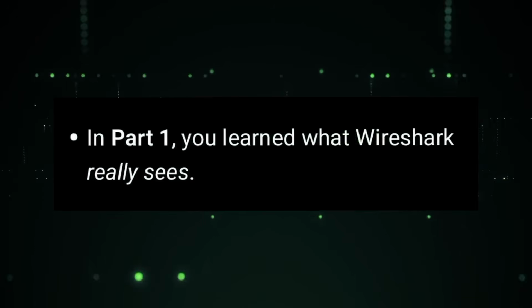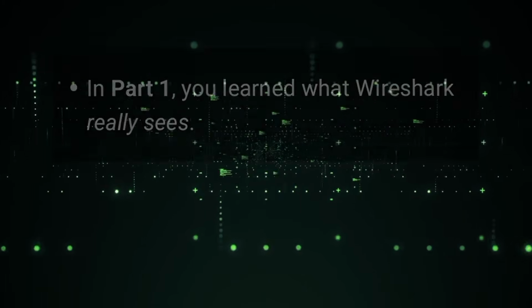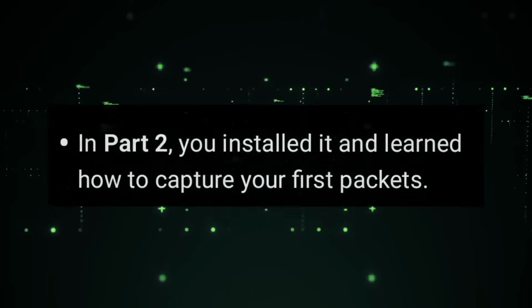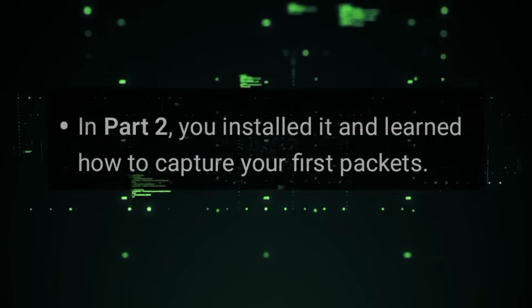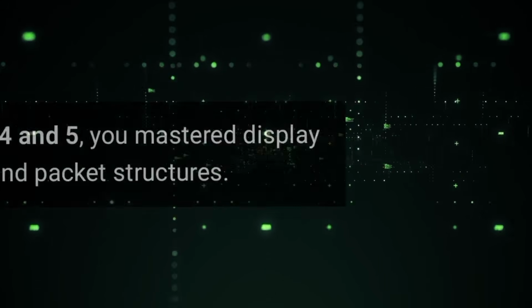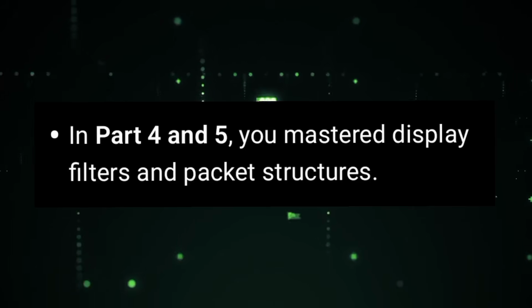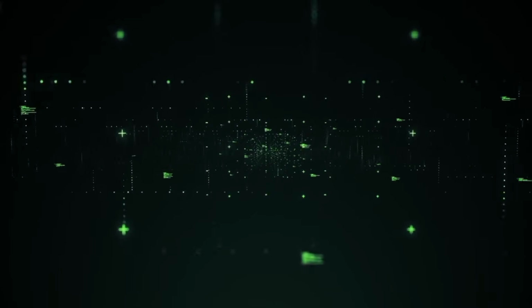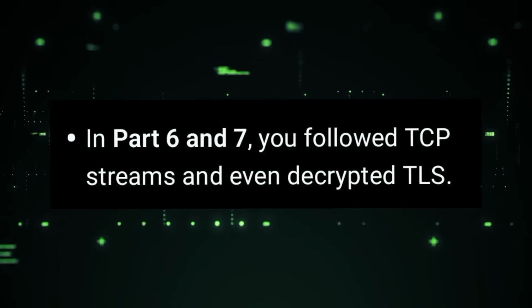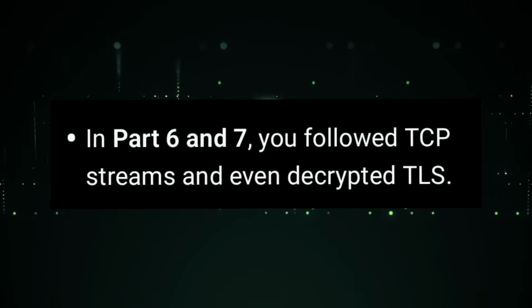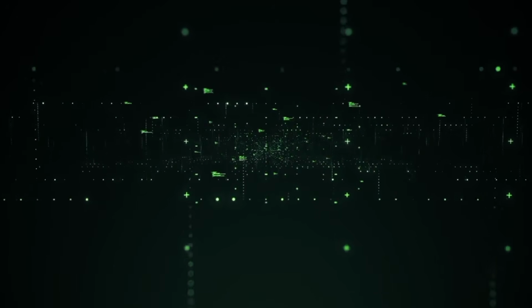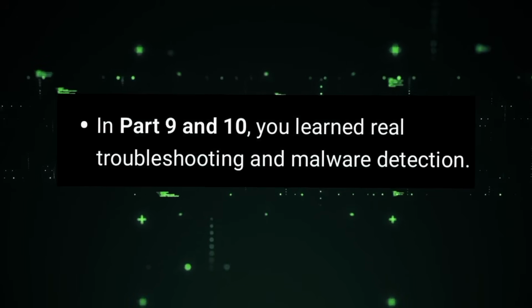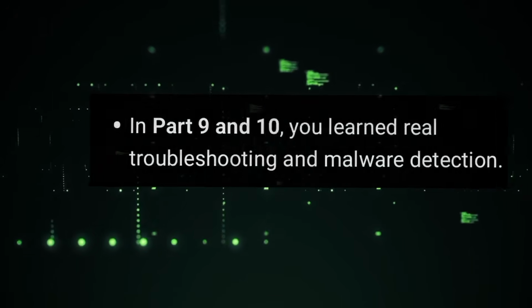In Part 1, you learned what Wireshark really sees. In Part 2, you installed it and learned how to capture your first packets. In Parts 4 and 5, you mastered display filters and packet structures. In Parts 6 and 7, you followed TCP streams and even decrypted TLS. In Parts 9 and 10, you learned real troubleshooting and malware detection.